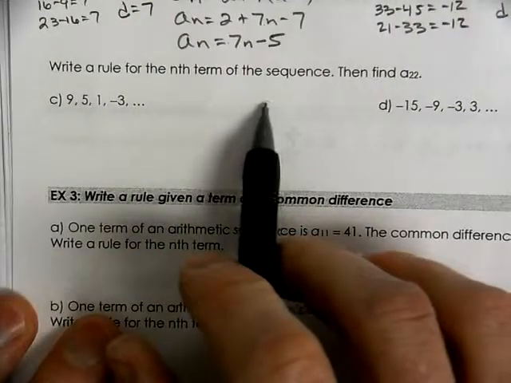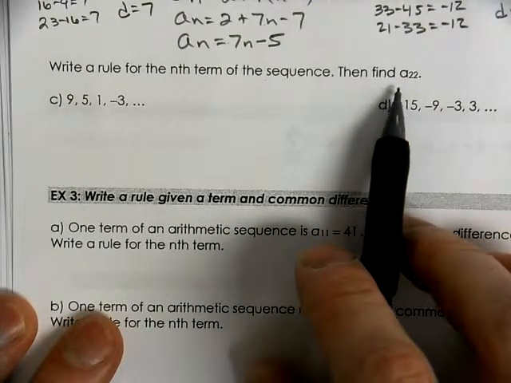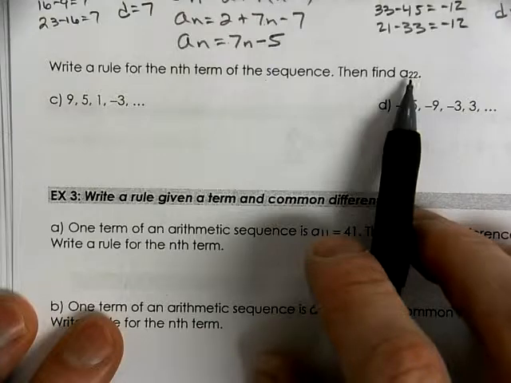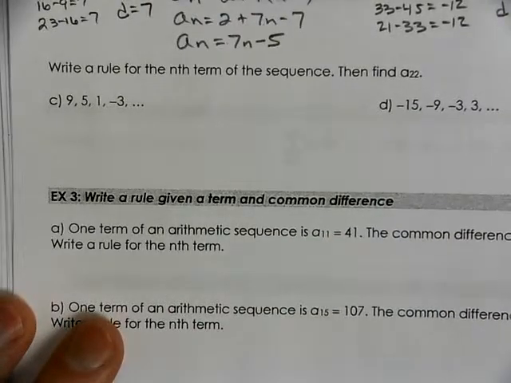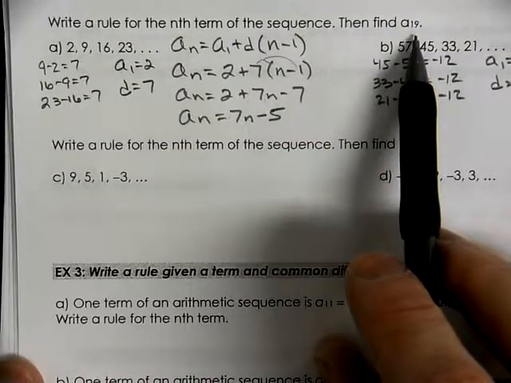Write a rule for the nth term, and then we're going to find a term. Well, we're going to find the 22nd term here. I guess up here we were going to find the 19th term.